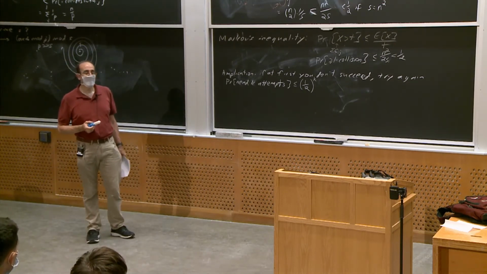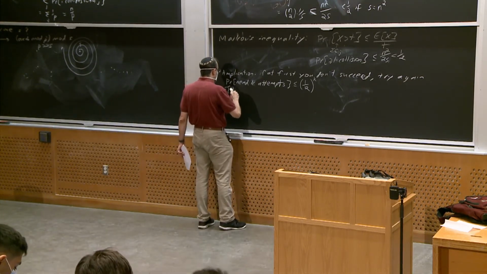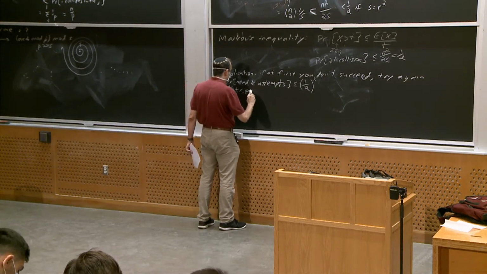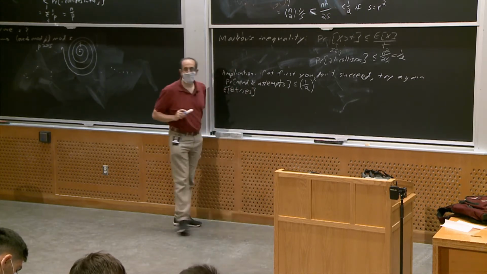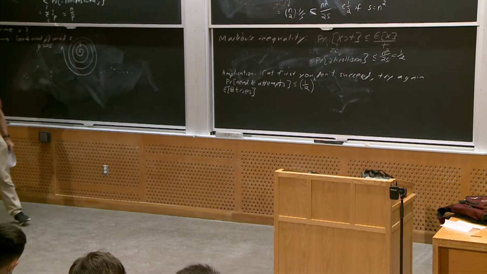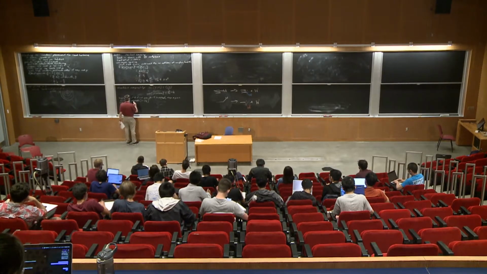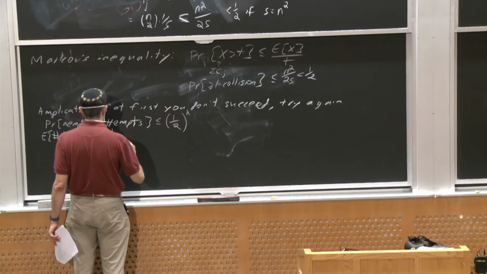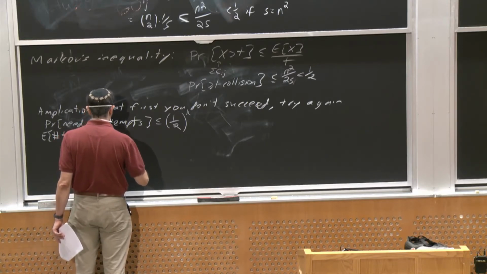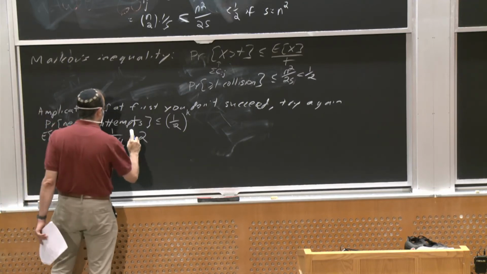Okay? And what is the expected number of tries that you need to do in order to get one of these collision-free hash functions? Yeah? What's that? 2, right? 1 over the success probability, which is equal to 2, or at most 2.